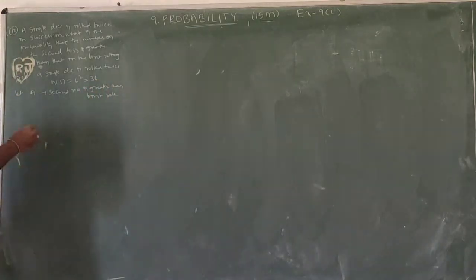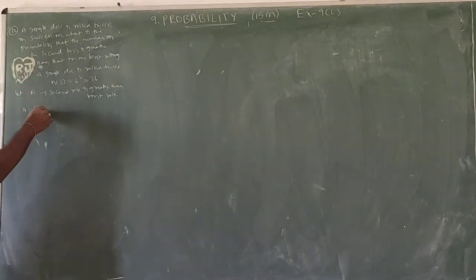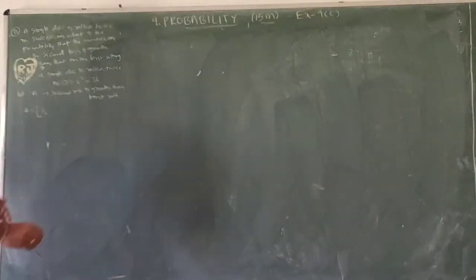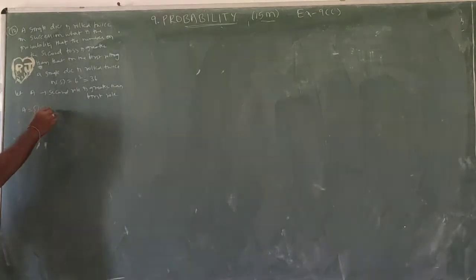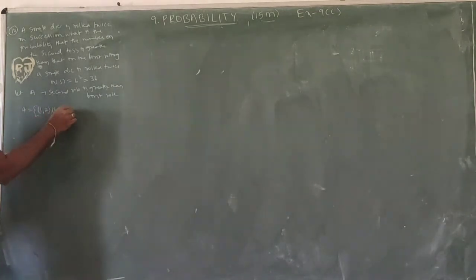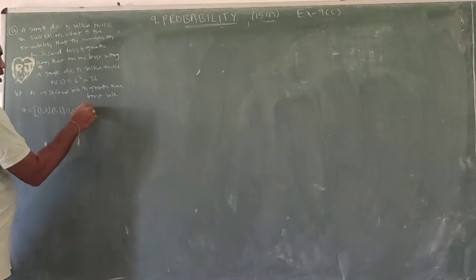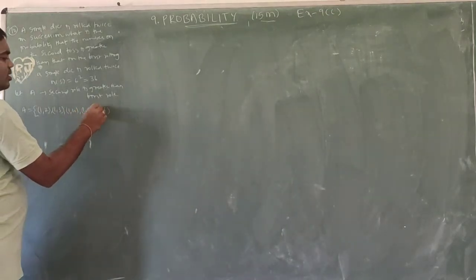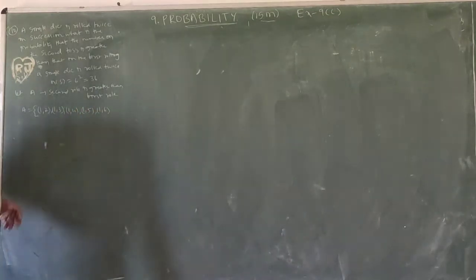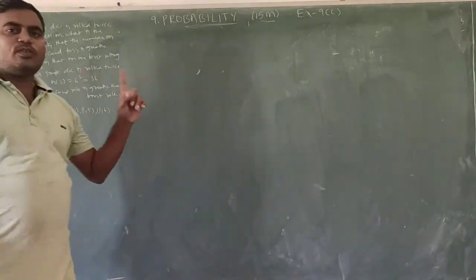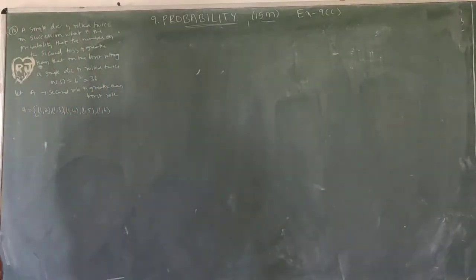I want to write all the possibilities first. What are the possibilities? 1 1, but 1 1 are equal. So 1 2, 1 3, 1 4, 1 5, 1 6. If we are taking 1 on the first roll, then these are the 5 choices.